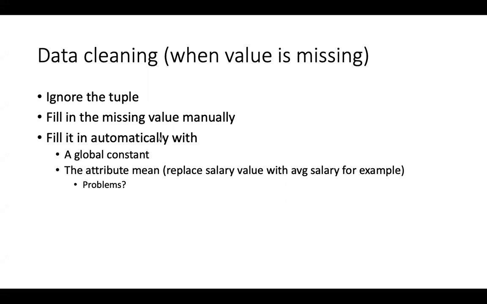Another strategy is to fill in the data automatically with a constant, meaning you just replace the missing value with a constant. This constant could be unknown. In R or Python, sometimes we use none or NA.